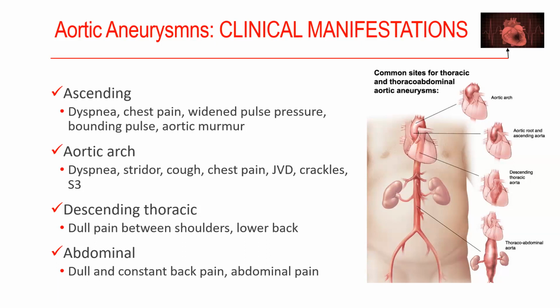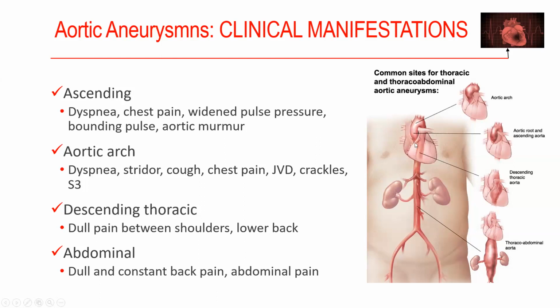So I do want to just talk really quickly about the aortic aneurysm, because that always is a question. And there's a lot of different sites for aortic aneurysm. So very important just to know that the ascending is the one that is really, really worrisome, followed by the aortic arch, because they're really close to the heart, right?